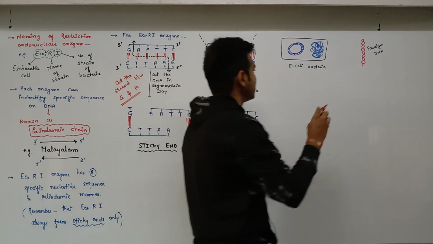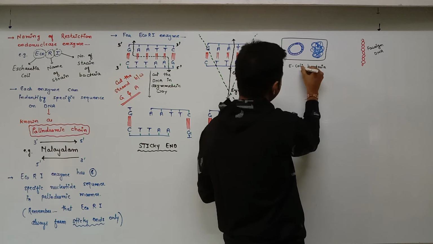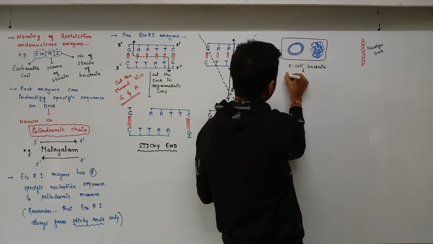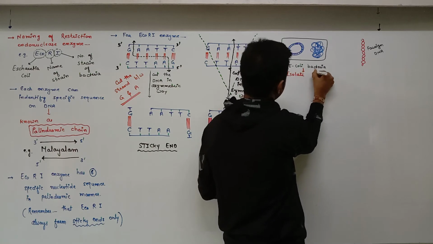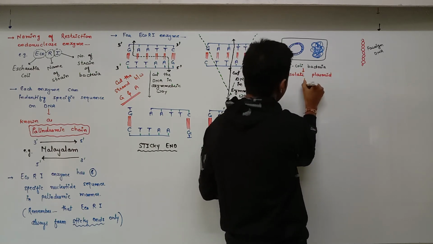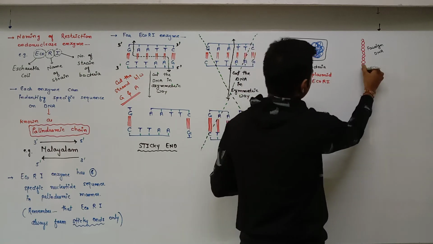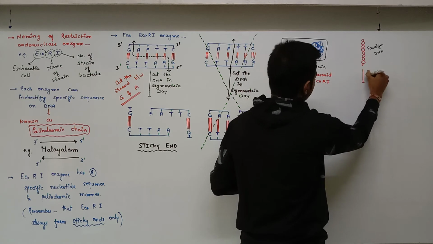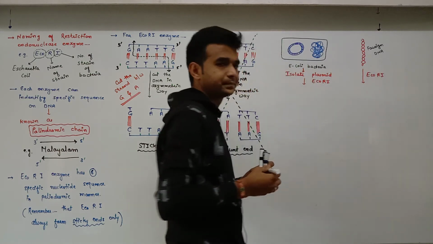Now, first of all, from E. coli bacteria, isolate the plasmid. Then apply EcoR1 enzyme. Similarly here, EcoR1 enzyme.